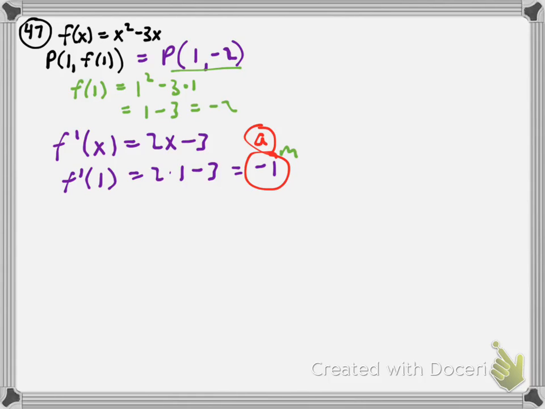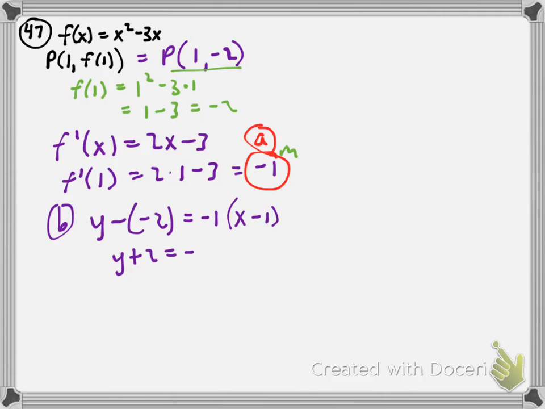Therefore the equation for part B is y minus y1, so y minus negative 2 equals the slope, which is negative 1, times x minus x1, which is 1. We can clean that up a little bit: y plus 2 equals negative 1 times x minus 1. And there's the equation of the tangent line. So that's part B.